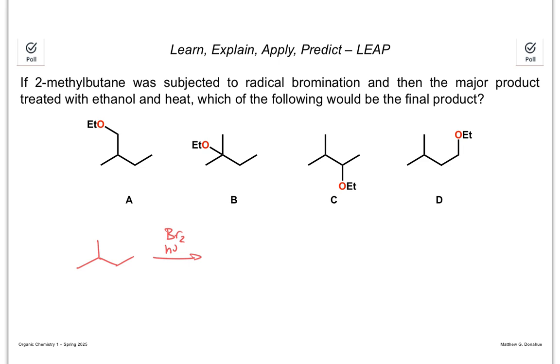So if 2-methylbutane were subjected to radical bromination, and the major product of that were treated with ethanol and heat, which of the following would be the final product?